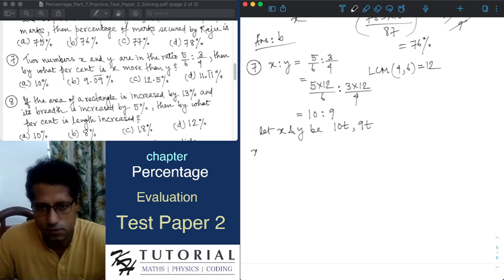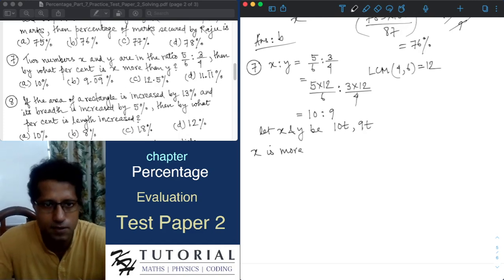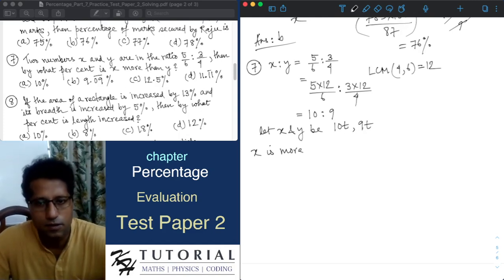Now it is saying, by what percent is X more than Y?